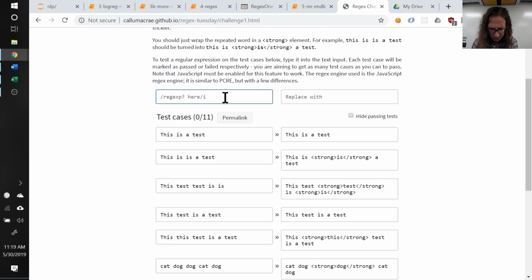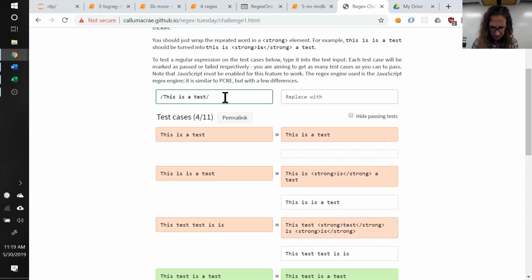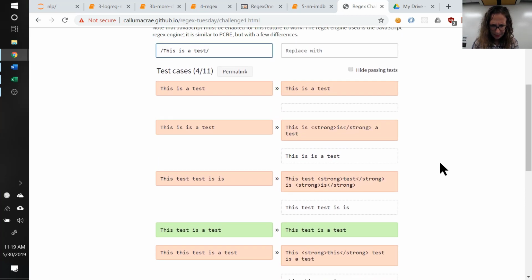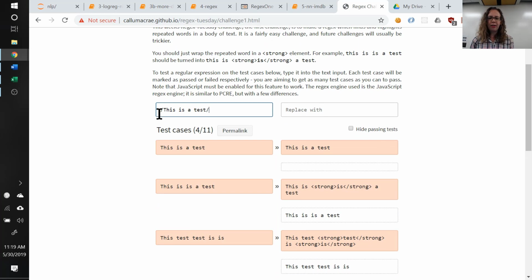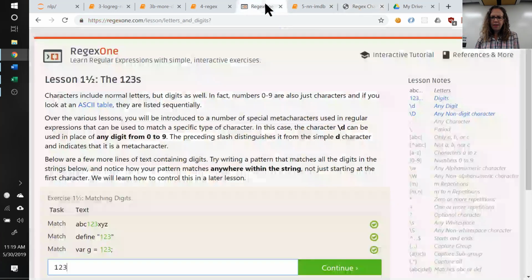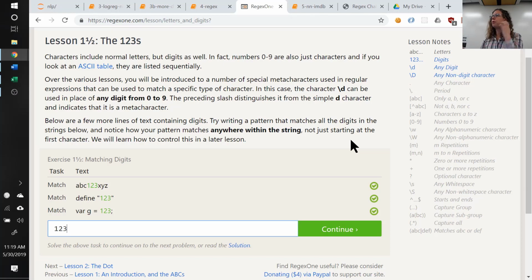The only tricky thing with this is, let me see. Yeah, I think you have to put slashes before and after. All right. Feel free to raise your hand as you get started if you have questions, but we'll discuss in 15 minutes how far you got and what you saw.